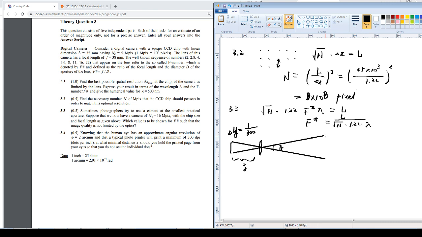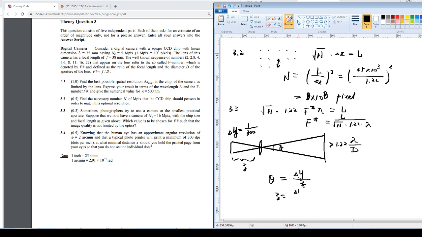Yeah, that's the human eye resolution. Bigger than this, we know this is bigger than 1.22 lambda over d.